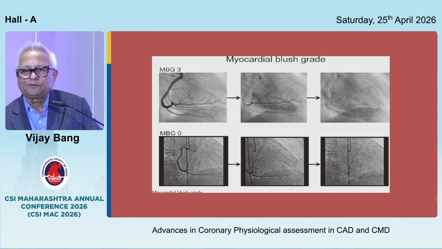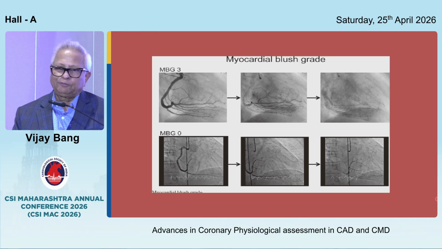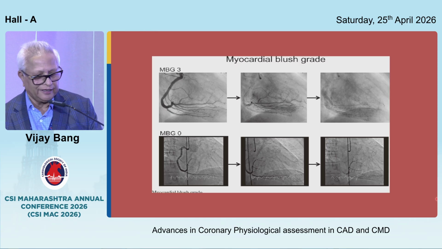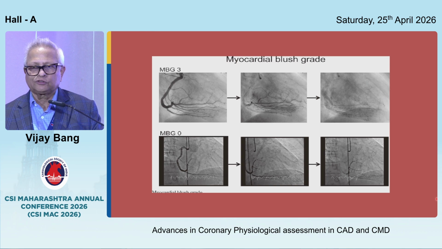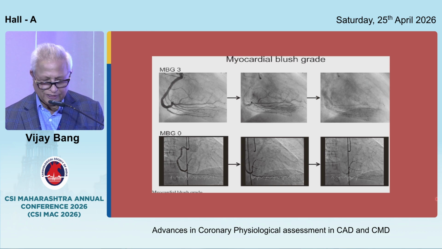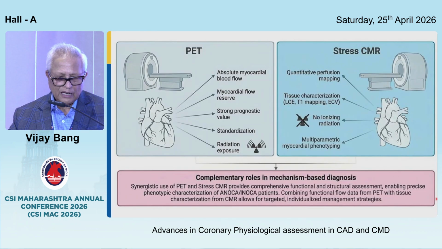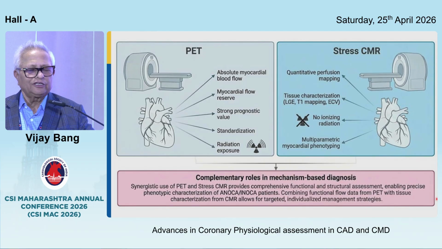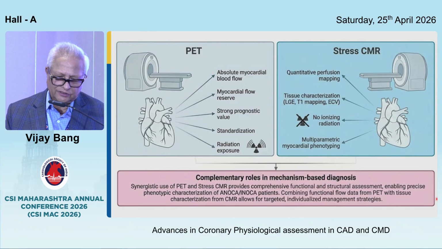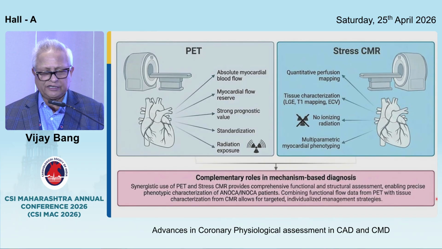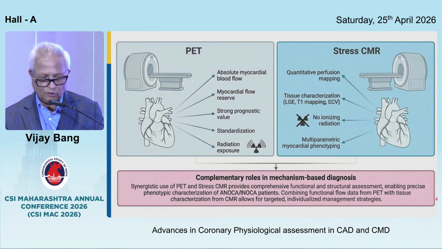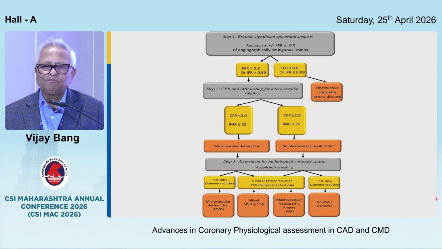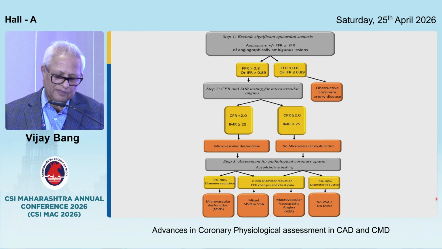That means the entry may be okay, but the exit is not there for the blood that is going into the microcirculation, which indicates microvascular dysfunction. Now, are there any non-invasive methods? Yes, PET and stress CMR, both can help us in making a diagnosis of CMD.